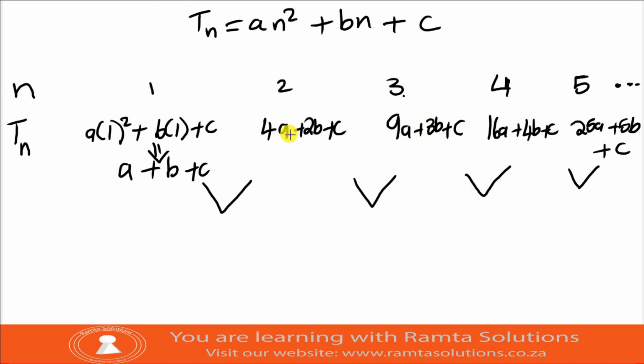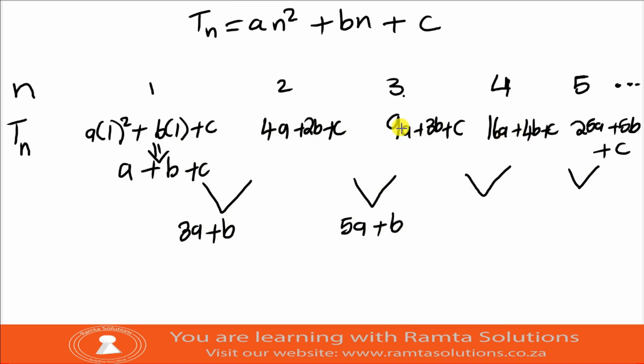The difference between the first two: 4a minus a is 3a, 2b minus b is b, c minus c is 0. Now 9a minus 4a is 5a, 3b minus 2b is b, c minus c is 0.